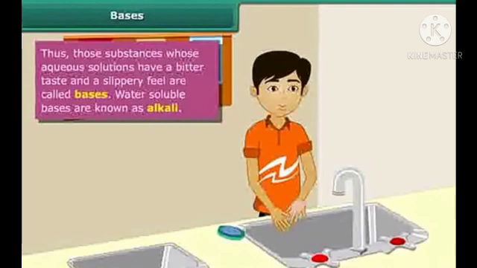Now we will see base. Those substances whose aqueous solutions have a bitter taste and a slippery feel are called bases. Water soluble bases are known as alkali. Once again, substances having an astringent or bitter taste and slippery to touch are called bases.